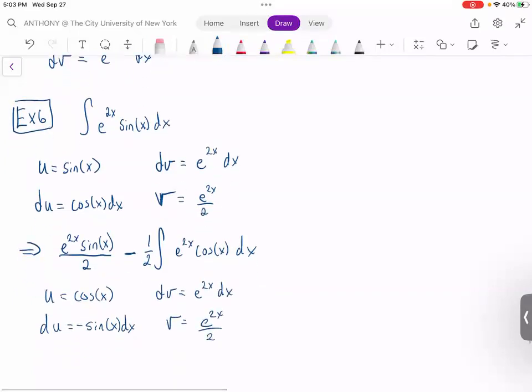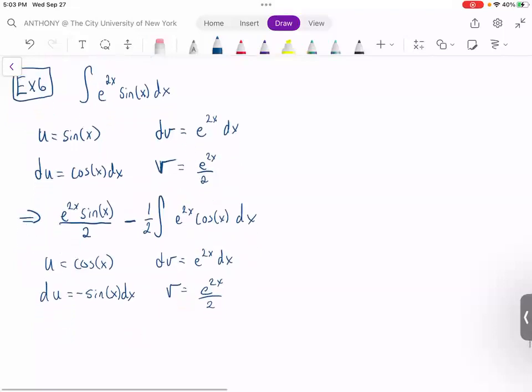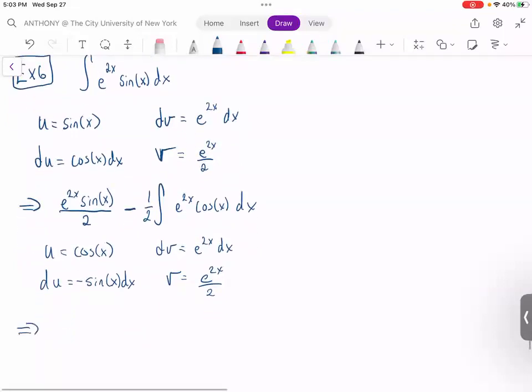All right. Now we're going to have the following. Whatever was there originally sticks around. So I have to bring all of this good stuff in front of the integral sign in the previous line, bring it back down. So e to the power of 2x sine of x over 2 minus 1/2 of, I'll put in brackets, my new u times v.